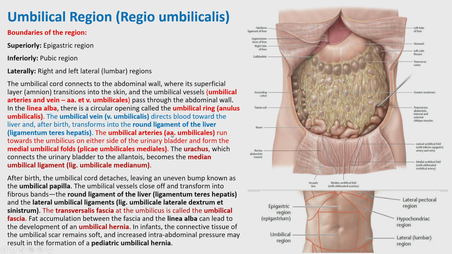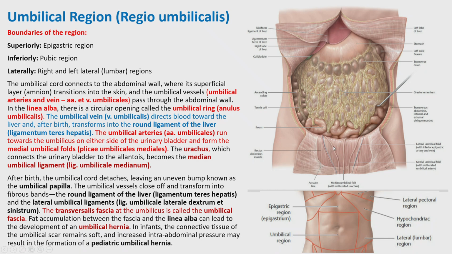Umbilical arteries, of which there are usually two, make a fold in the inner surface of the abdominal wall, covered by the peritoneum, which is very important and is called the medial umbilical fold. This fold, or plica, is made by the obliterated umbilical artery, as you see here.